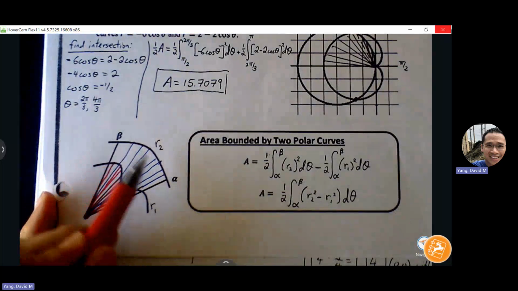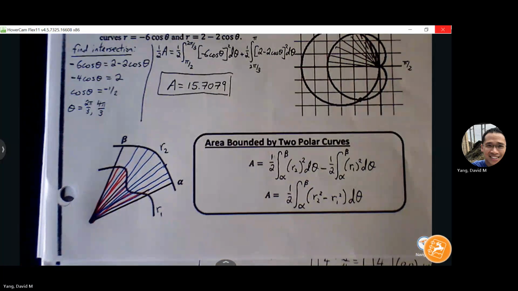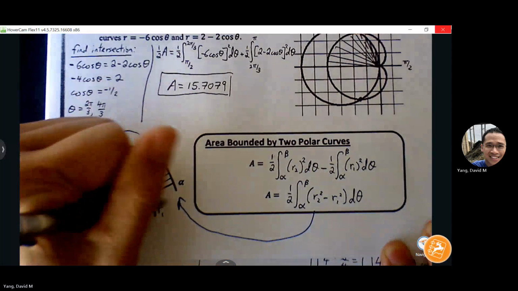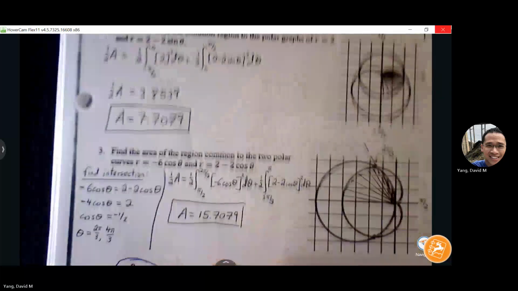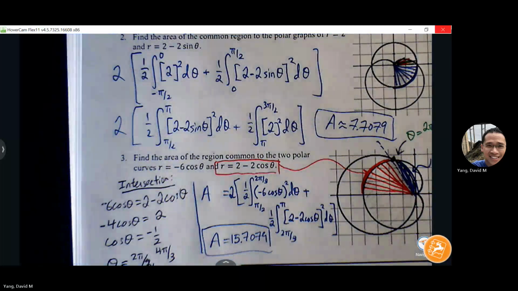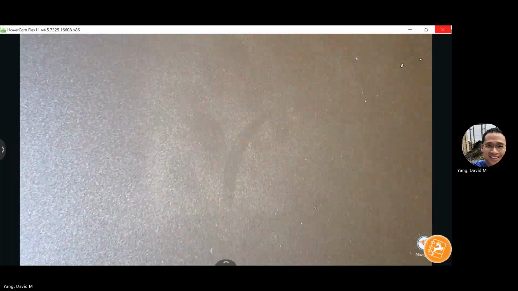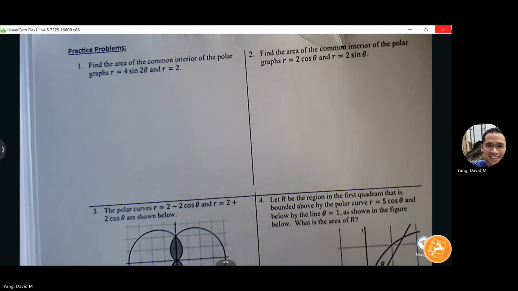And then what we're left with is this outer portion. Okay, page 52, number 4.